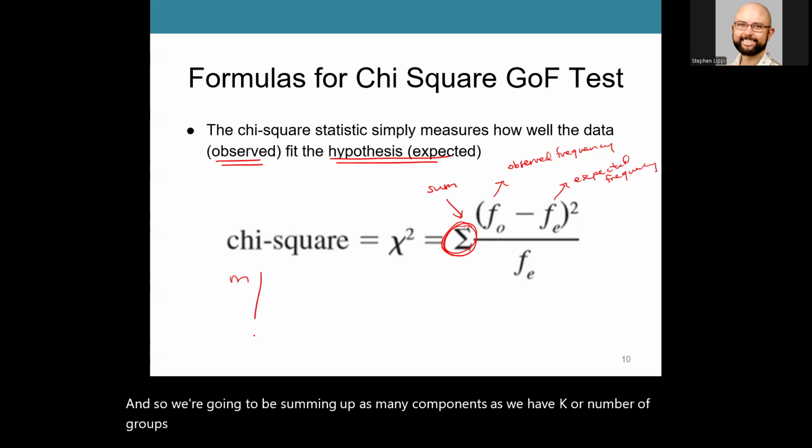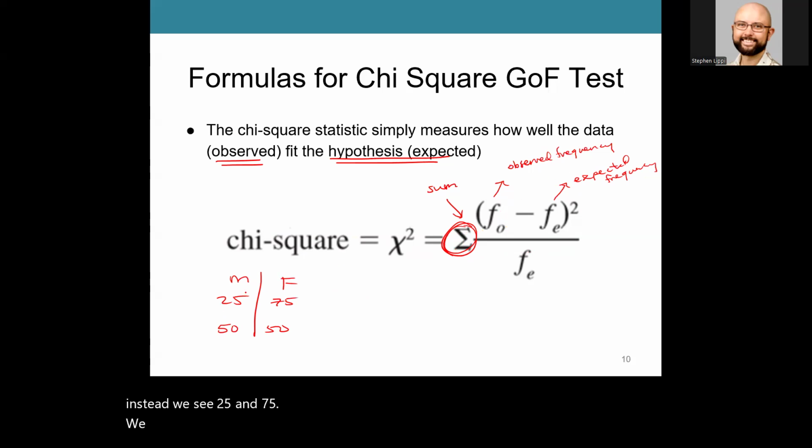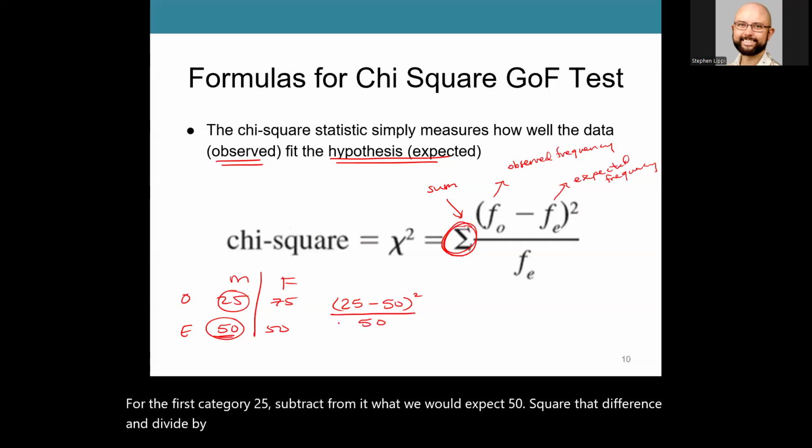So for instance, if I write male and female, and we expect to see 50 in each group, but instead we see 25 and 75. We would take our observed frequency for the first category, 25, subtract from it what we would expect, 50, square that difference, and divide by 50, the expected value.